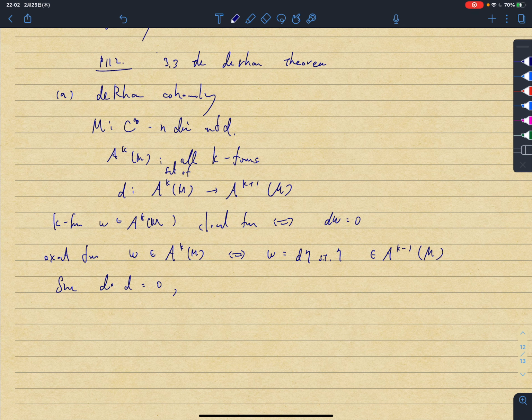So the set of exact forms is included in the set of closed forms.